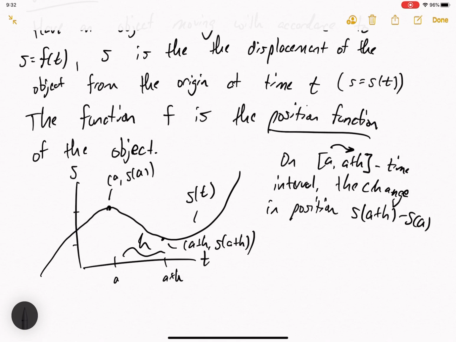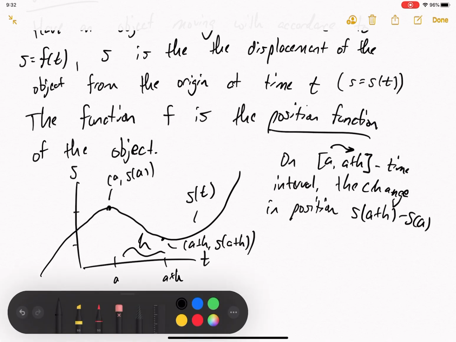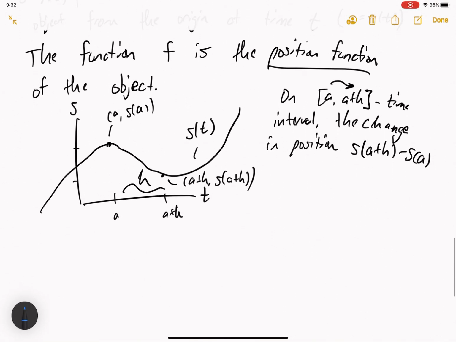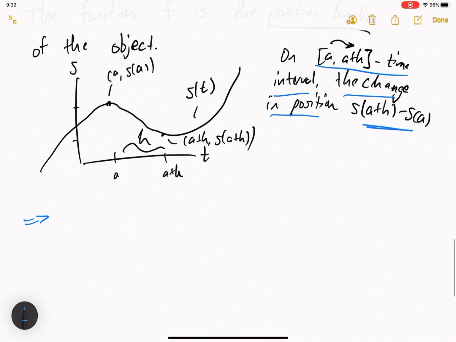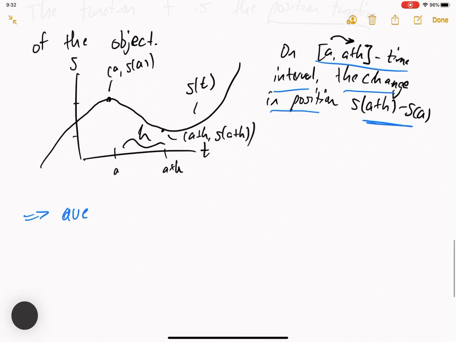So, again, this might be confusing a bit. Let me clarify what we're doing right here: we want to find the average velocity. When we talk about average velocity, we need a time interval and we need a change in position, which is going to be this. So really, average velocity is going to equal our displacement over time, what I referred to before as the change in y over the change in x.